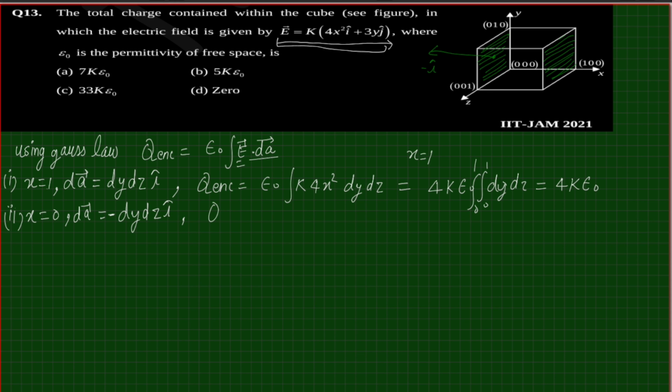So Q enclosed will be epsilon naught, and again I dot j will become 0. So 4k x square dy and dz. Here x is equal to 0, so at x equal to 0 this total integral will become 0. So this will give us 0. Now the third surface.